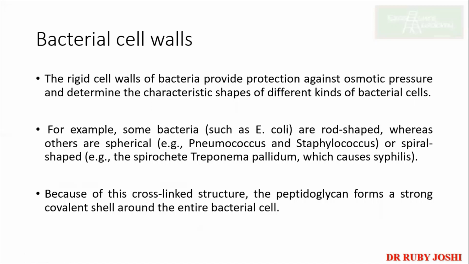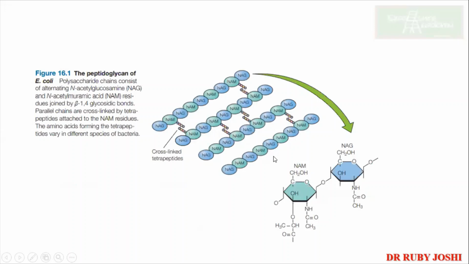For example, we know that E. coli is rod shaped. Pneumococcus and staphylococcus are spherical in shape, whereas spirochetes are spiral in shape. So why they are spiral, spherical, or rod shaped we will come to know in this lecture.